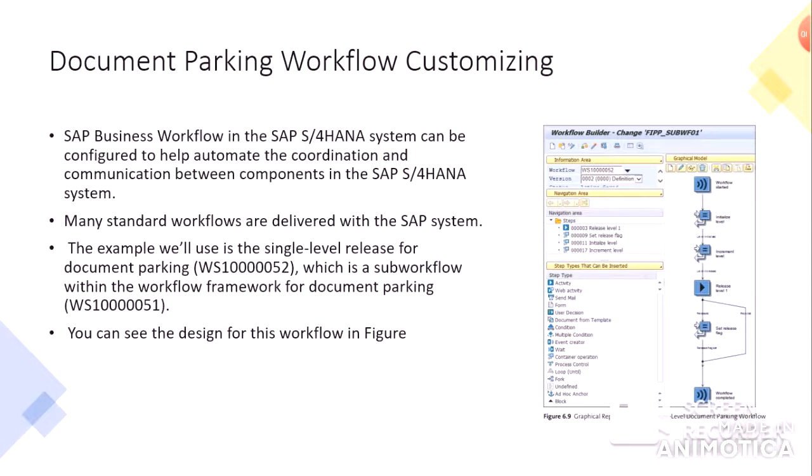Many standard workflows are delivered with the SAP system. An example we use is the single level release for document parking, that is WS15052, which is a sub workflow within the workflow framework for document parking, which is 51. You can see the design for this workflow in the figure.